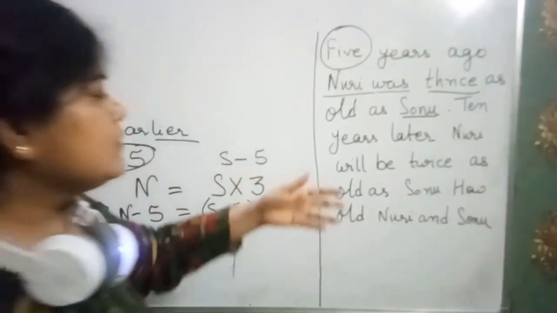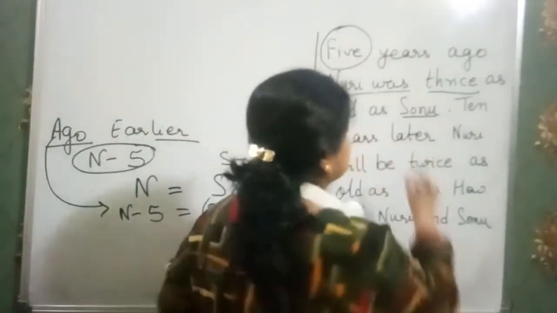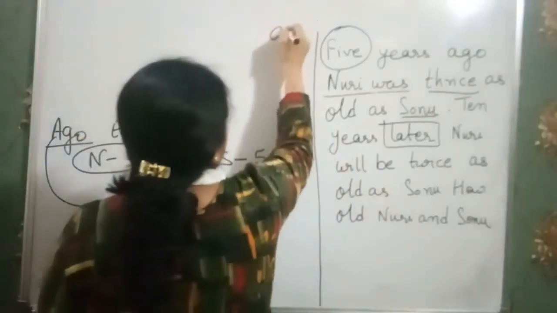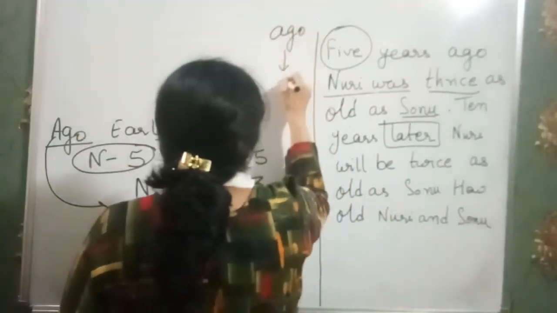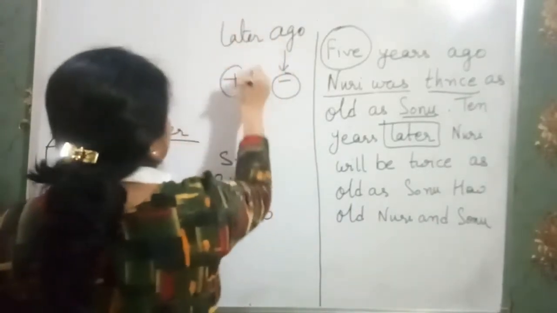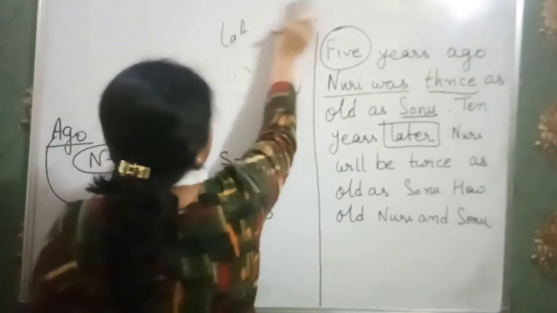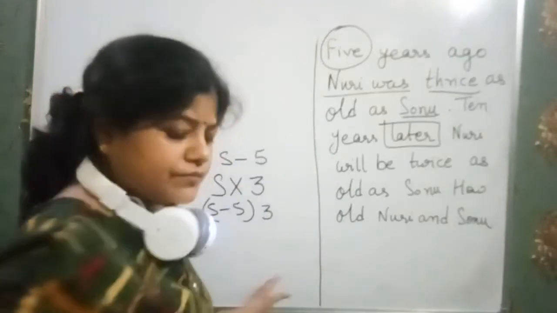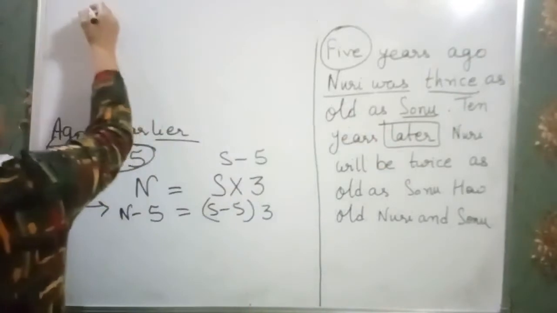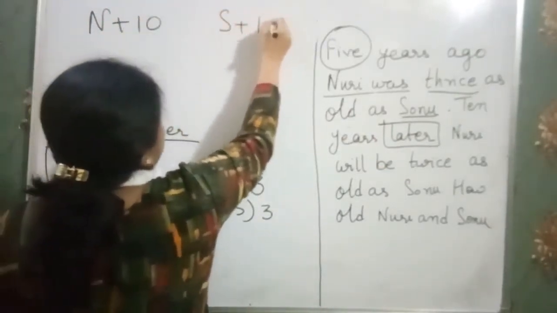Now, go forward. 10 years later. Later means afterwards. We know that in "ago" we do the minus and in "later" we do the plus. We add. Now come to the question. 10 years later, in Noori's age we add 10 and in Sonu's age we add 10.